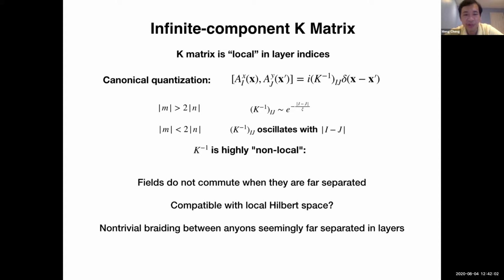And of course, this can be directly translated into a topological effect, meaning that anyons that we thought were localized in some layer actually have braidings with anyons localized in layers that are very far apart.